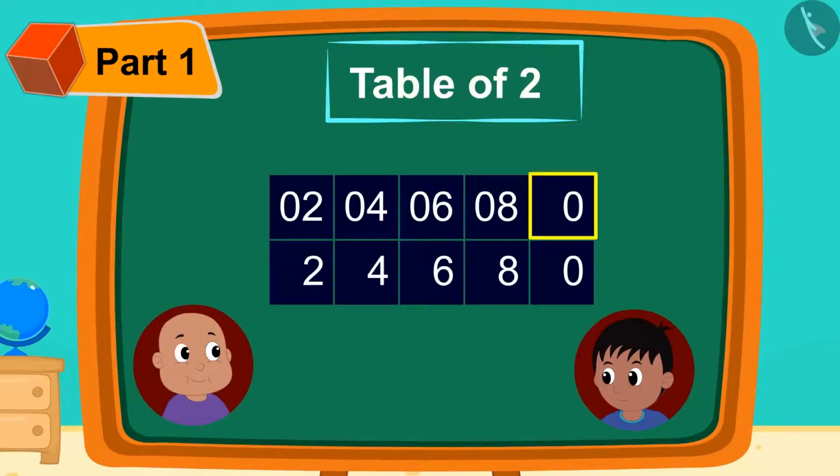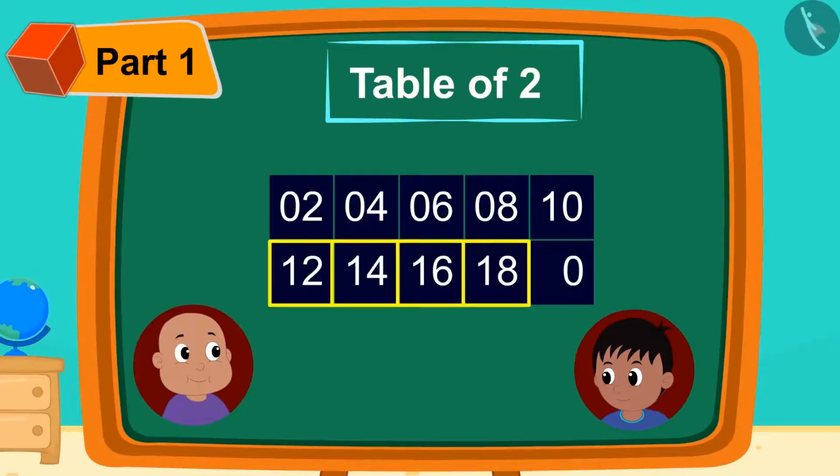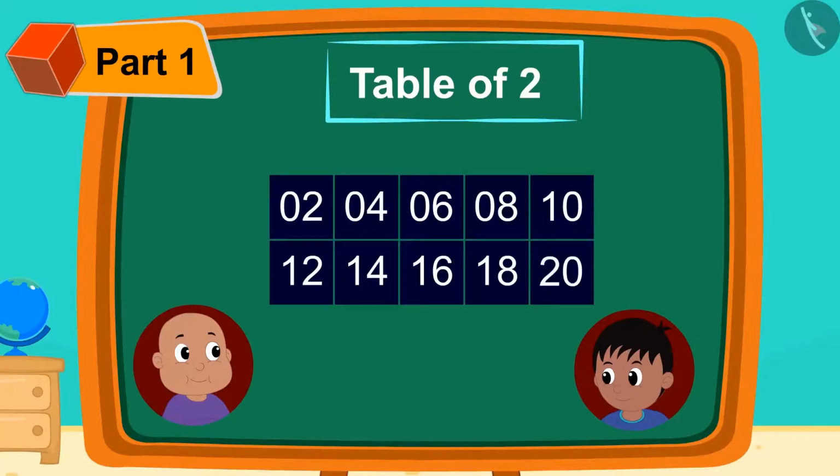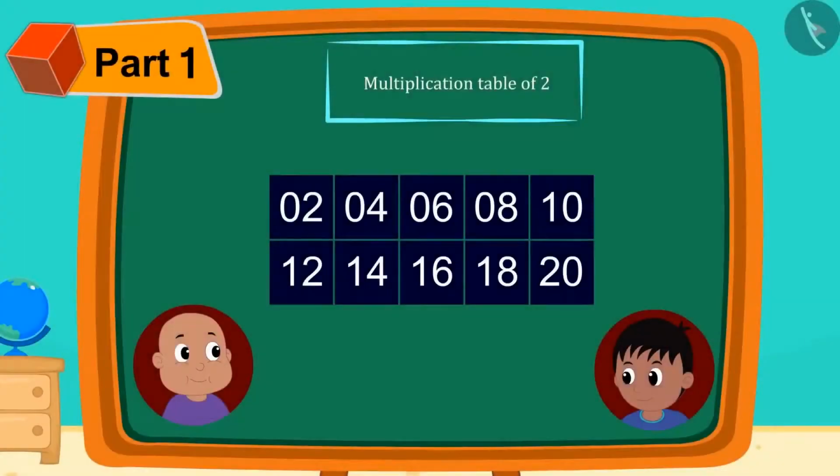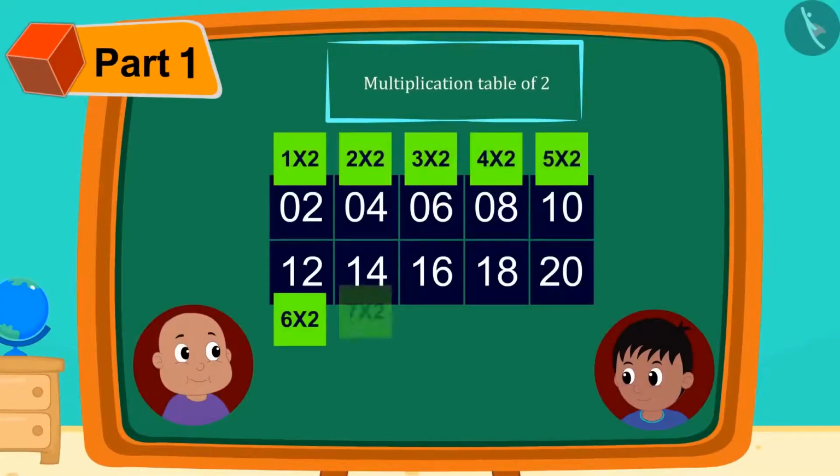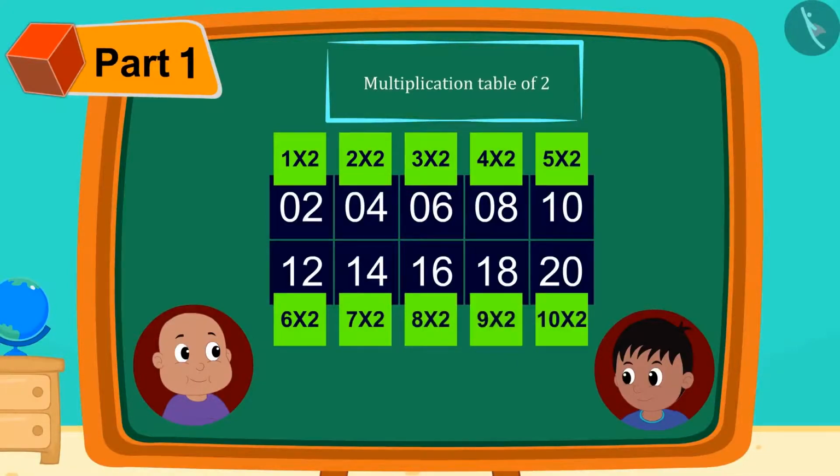And finally wrote a 1 like this next to the written 0. Now he wrote 1 in this way next to 2, 4, 6 and 8 out of the second line. And finally, he wrote 2 in this way next to 0. Children, did you see any magic? Yes, and that's a table of 2 right here.